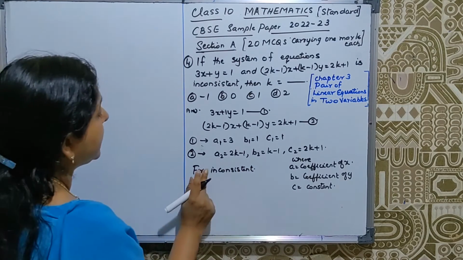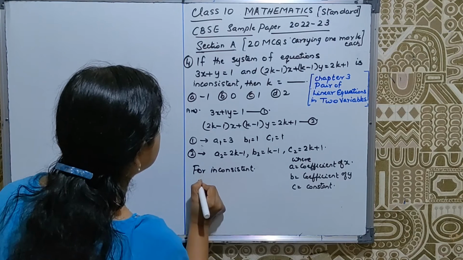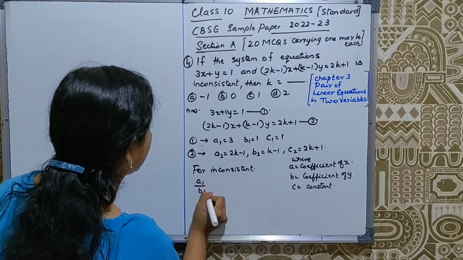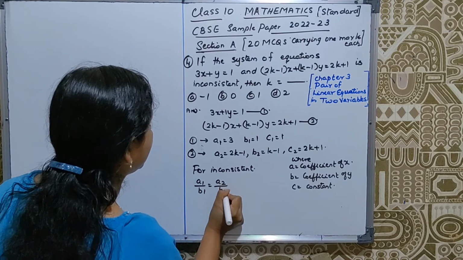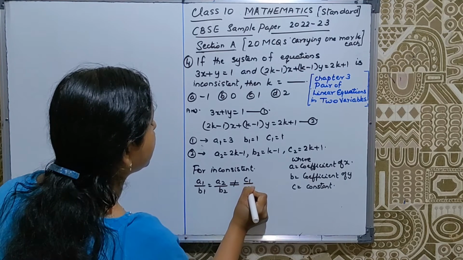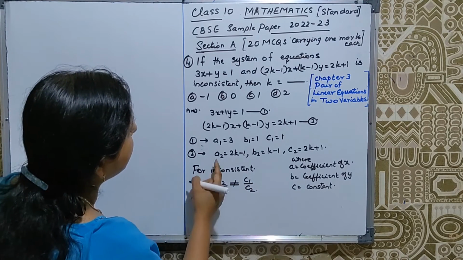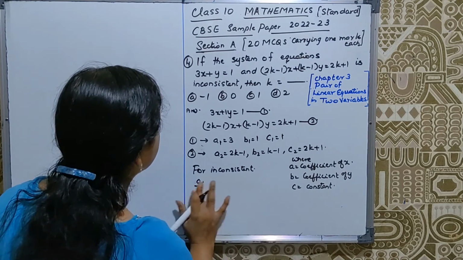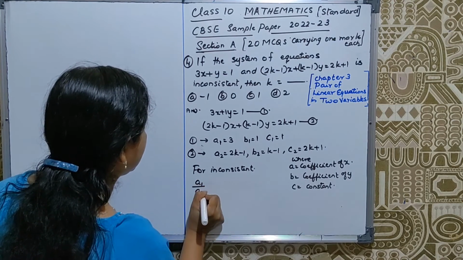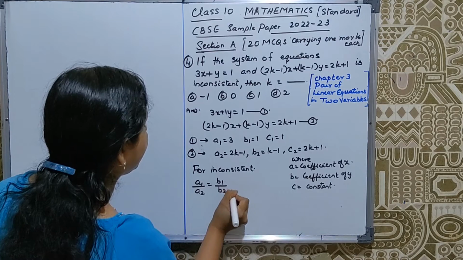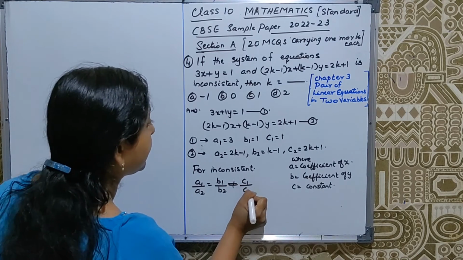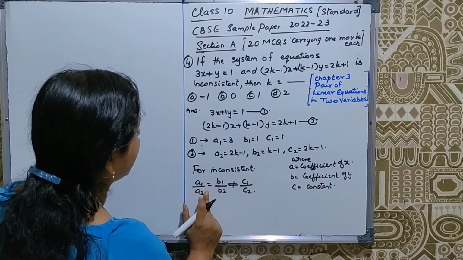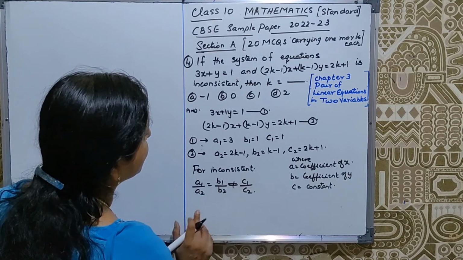For inconsistent, the condition is A1 by A2 equal to B1 by B2 not equal to C1 by C2.